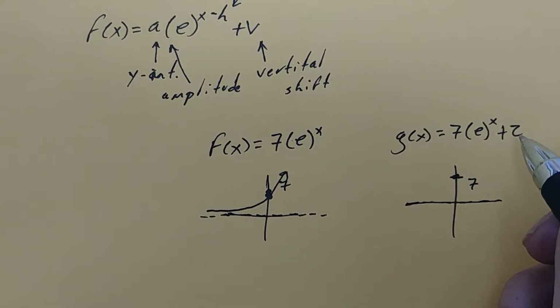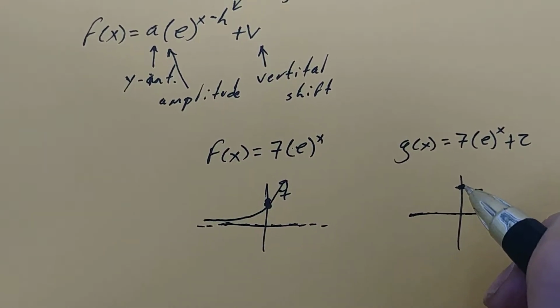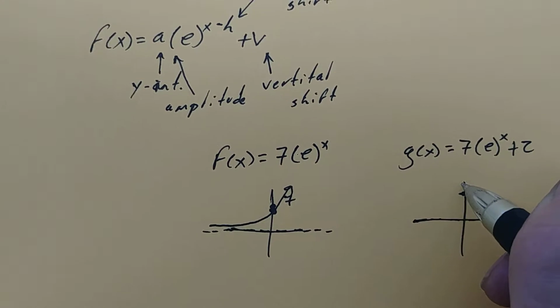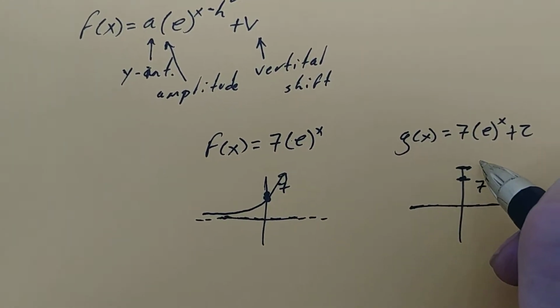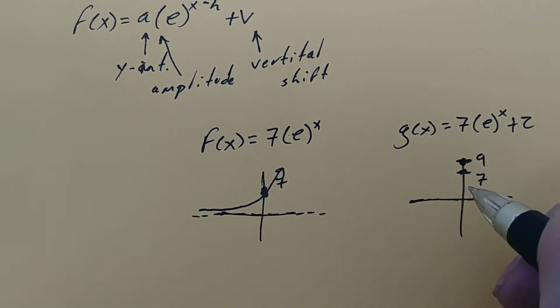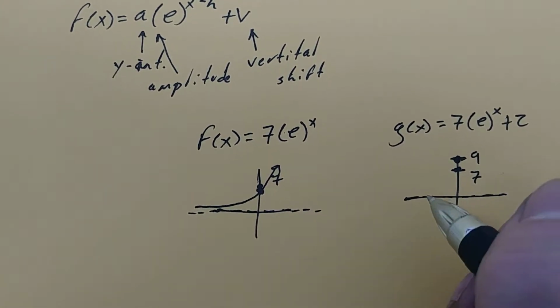Okay, now because of this plus 2, this is what's going to happen. Everything is going to shift 2 units up. So the 7 is going to go 2 units up. So 7, 8, 9. My point has now shifted to 9. But that's not the only thing that's shifting up 2 units.